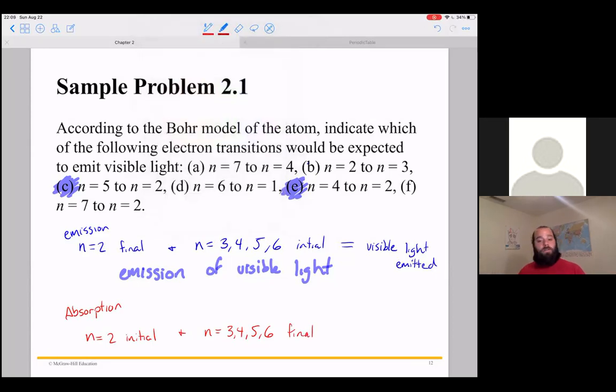And so if we look back over our list, we could see that B would actually correspond to the absorption of visible light. Again, all these other transitions correspond to either the emission or absorption of a photon. They just would fall outside of the visible spectrum.